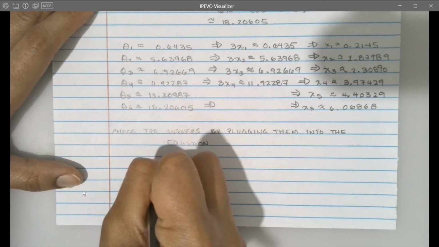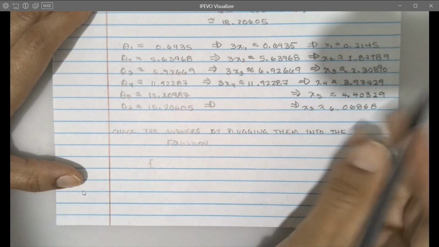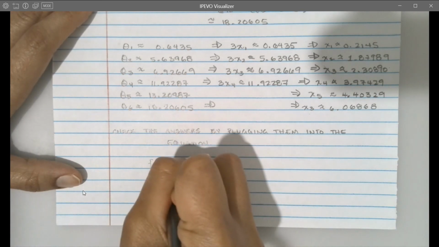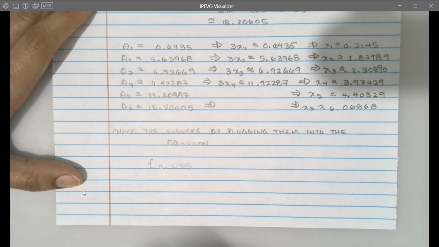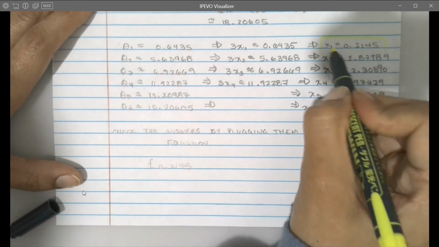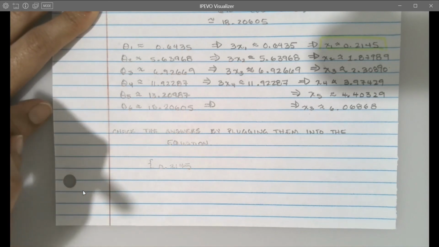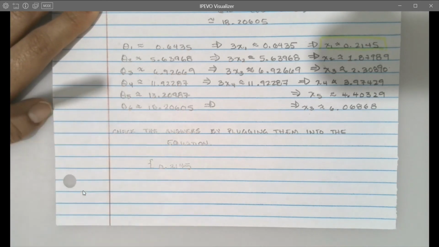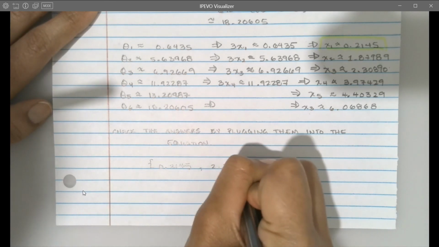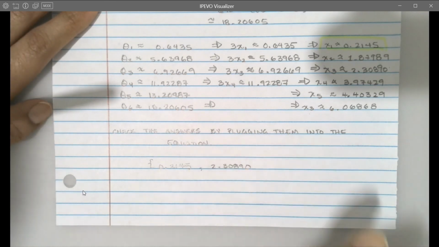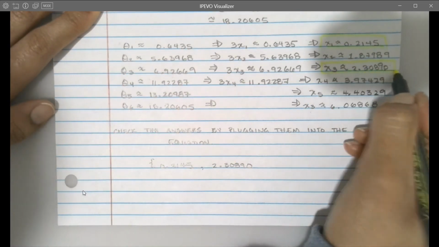The only ones that are true solutions are going to be the 0.2145, which is the x1. The other true solution is the 2.30890, which is this one here.